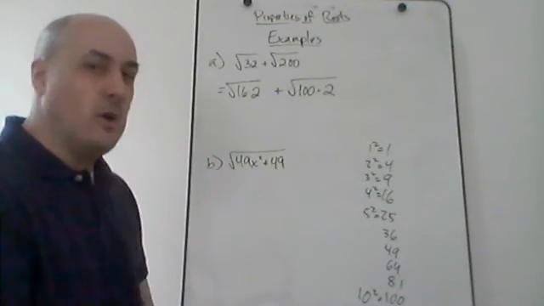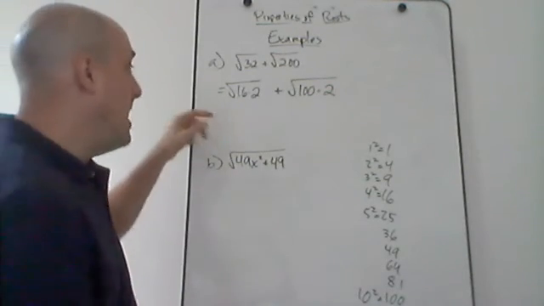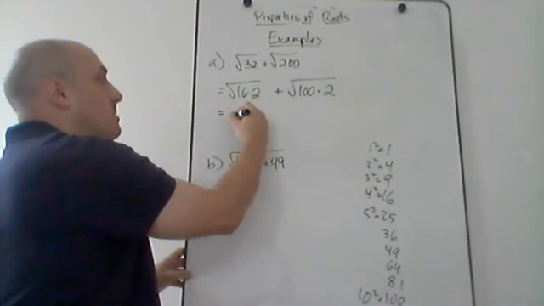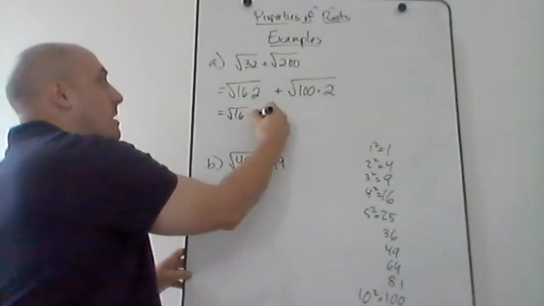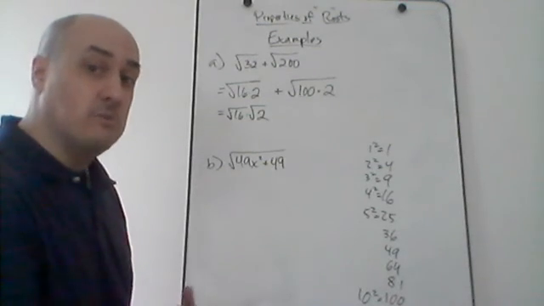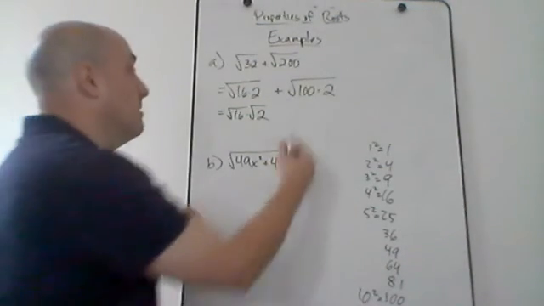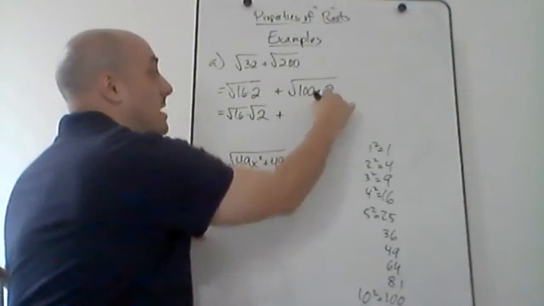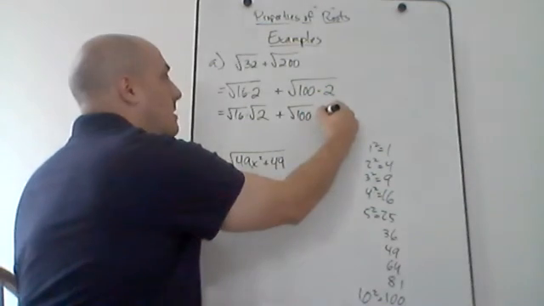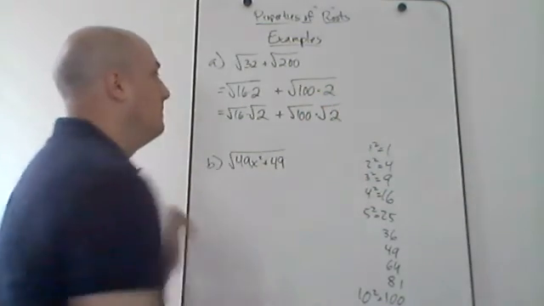And how does that help me? Well, with the square root of 16 times 2, I can use that property of roots to say that's the square root of 16 times the square root of 2. Remember, when there's multiplication inside that root, I can separate it into two different roots. And I can do the same thing with the next one: the square root of 100 times 2 is the square root of 100 times the square root of 2.